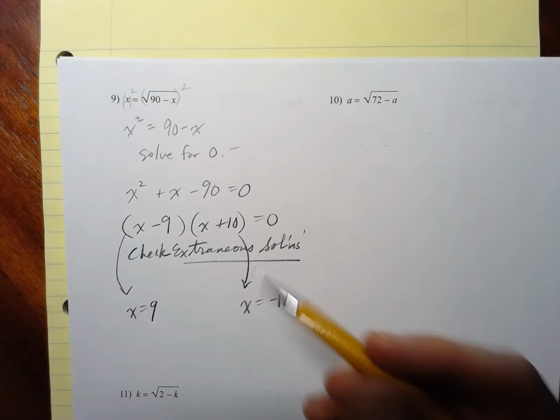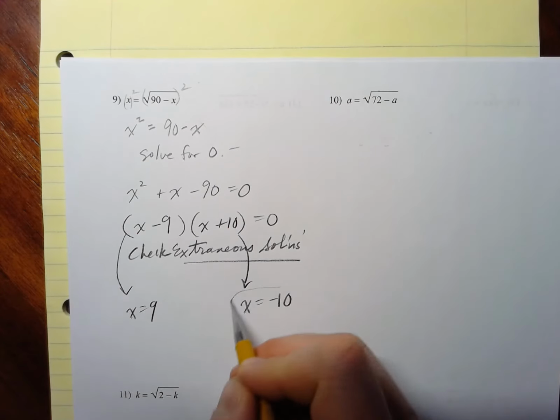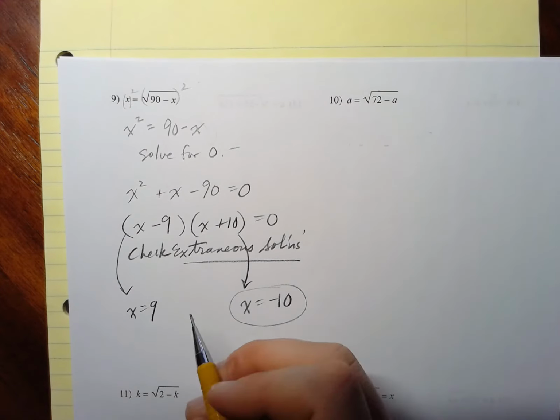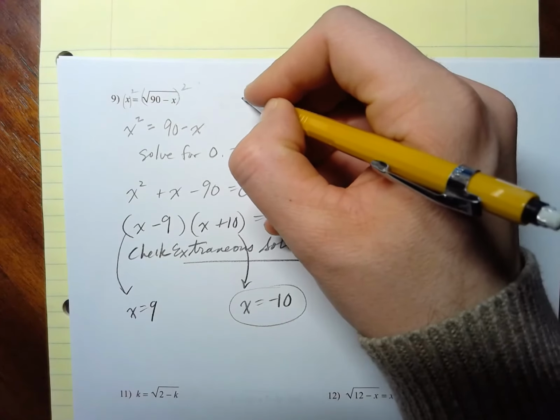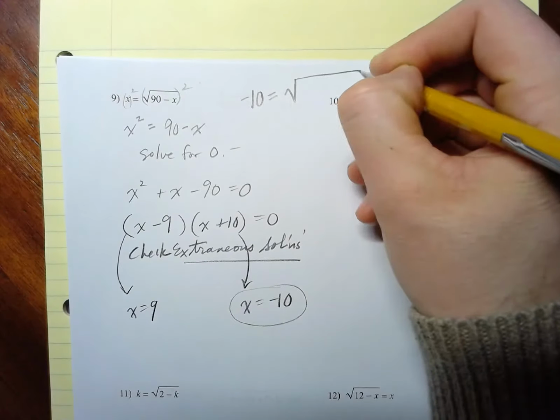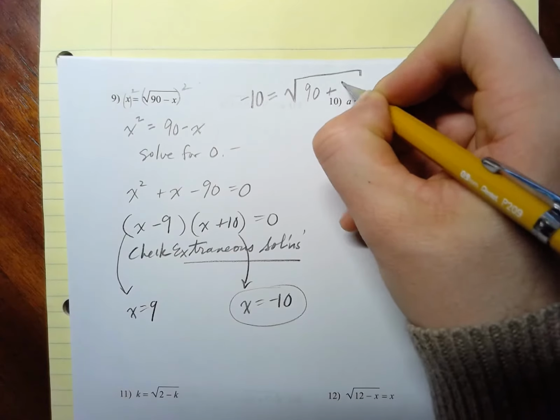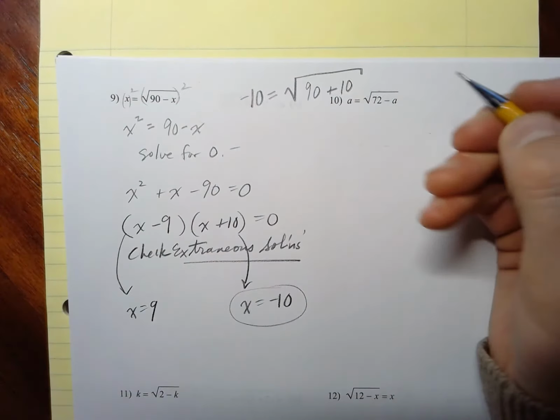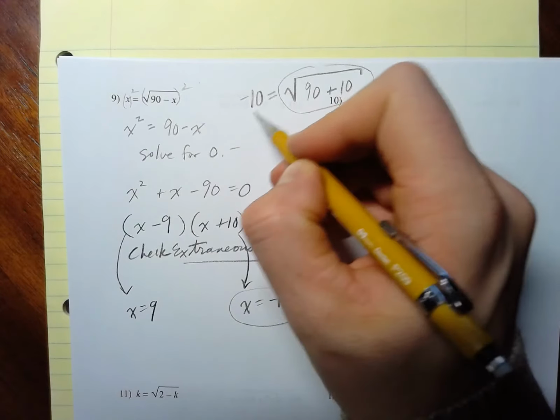Okay, but if x is minus 10, and if we plug that in here, what that's saying is that negative 10 equals the square root of something. This is 90 plus 10 is what that's saying right there, right? That's saying that the square root of something is a negative number.